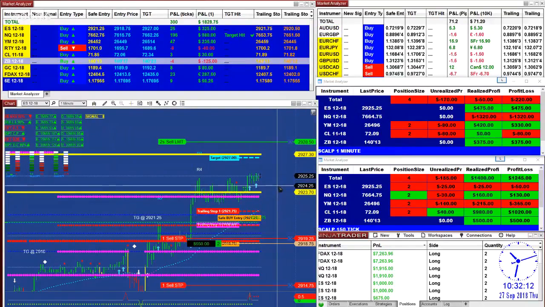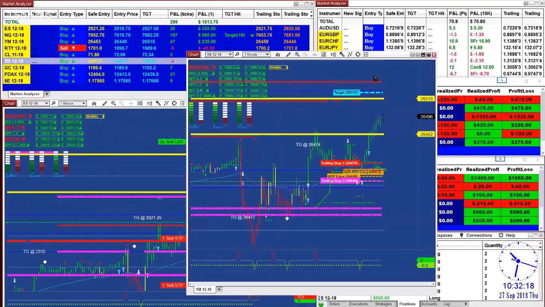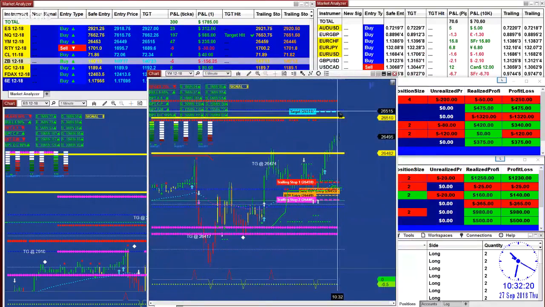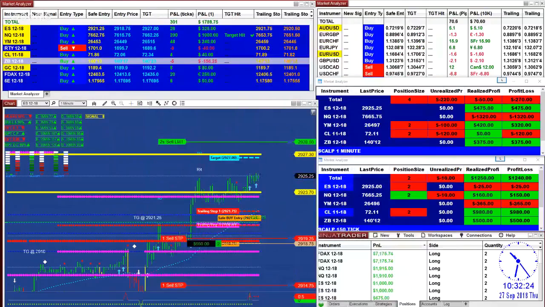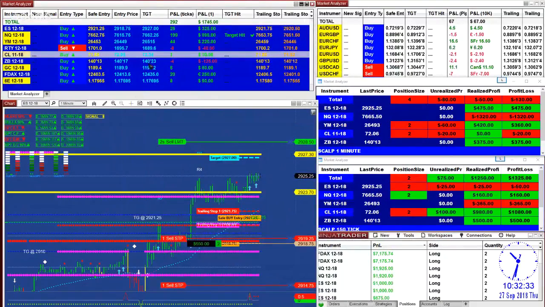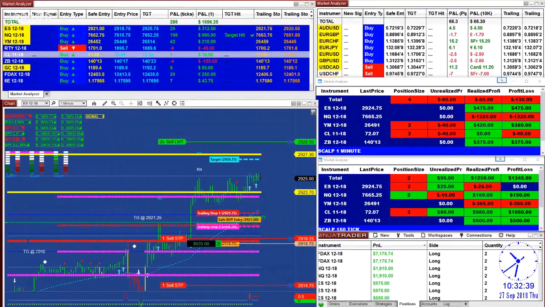ES, too late to enter an ES. On the YM, there is a potential reversal, but this is it. There is not much. So the scalpers are struggling today.